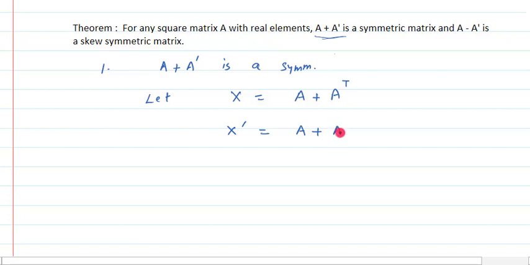X transpose is A plus A transpose and whole transpose.